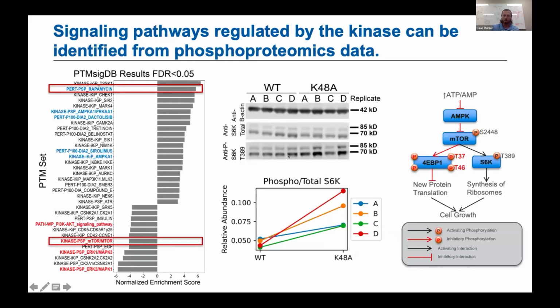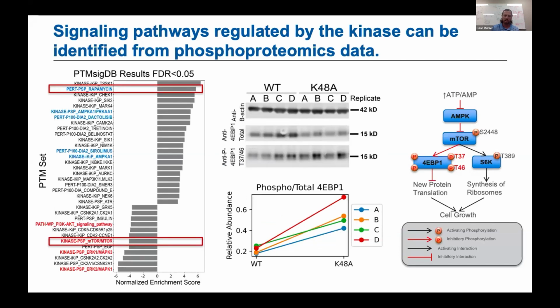And then I can go a step further and look at the substrates of mTOR, showing a decrease in the phosphorylation of these substrates. Here showing S6K, and then again for 4-EBP1. So this allows us to take an unbiased, holistic look at different kinases and begin to place them within cell signaling pathways.